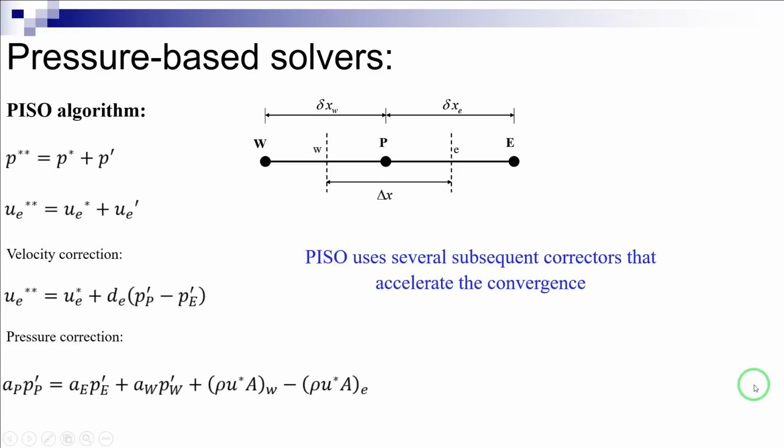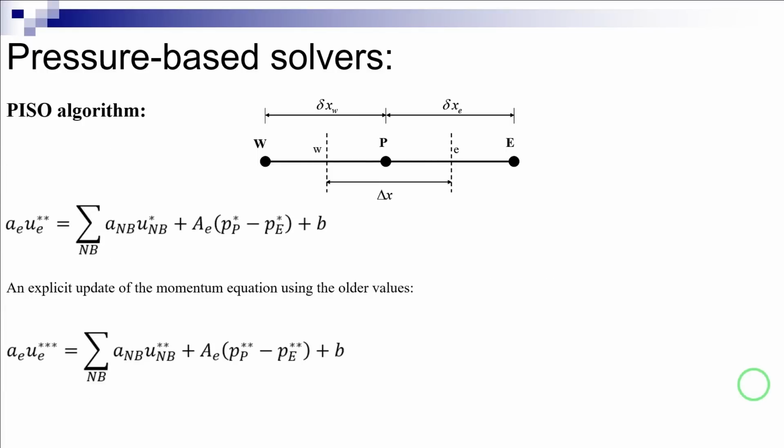Thus, based on the correction that we introduced, we have an equation for momentum as shown here. The next step is doing an explicit update of the momentum equation using the older values of the calculated variables as shown here. On the left hand side, we have the U triple star, while on the right hand side we have the velocities double star, and also the pressure values double star.